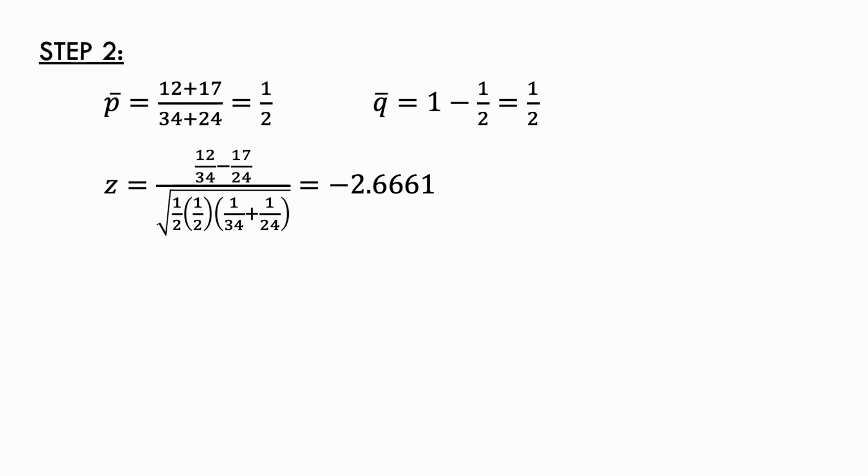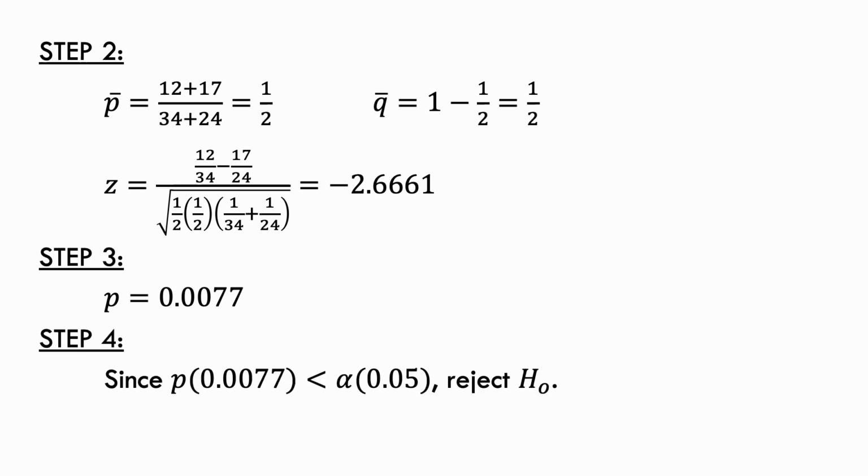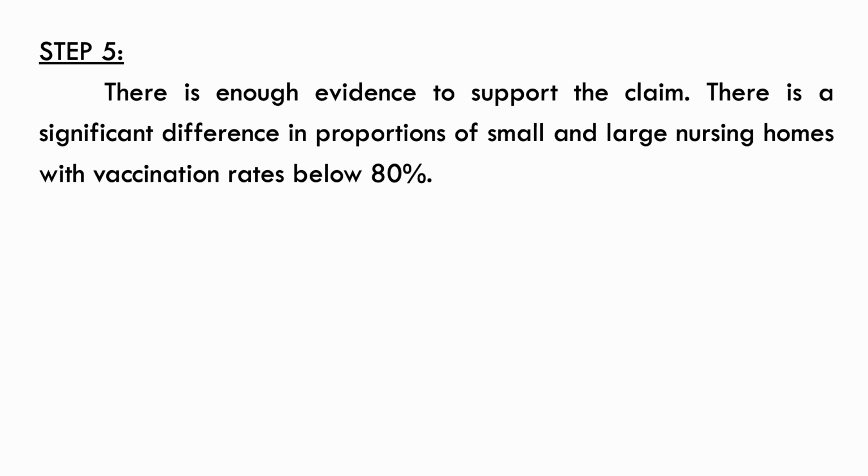Then that gives us a z equal to negative 2.6661 with a p-value of 0.0077. Since p is less than alpha, we reject the null hypothesis. Therefore, we conclude that there is enough evidence to support the claim, and that there is a significant difference in proportions of small and large nursing homes with vaccination rates below 80%.